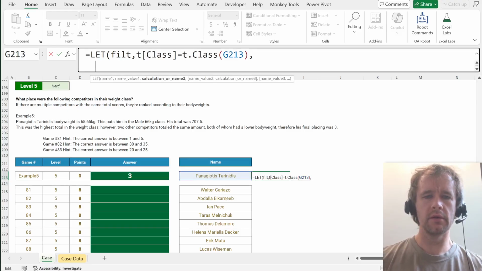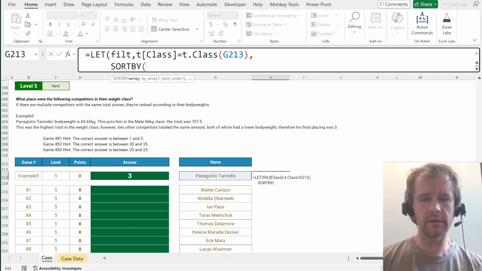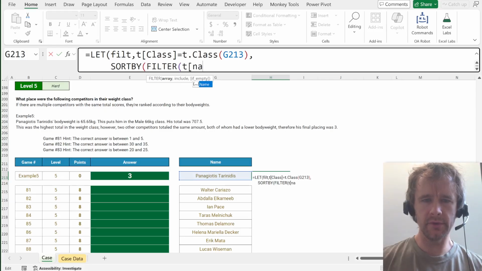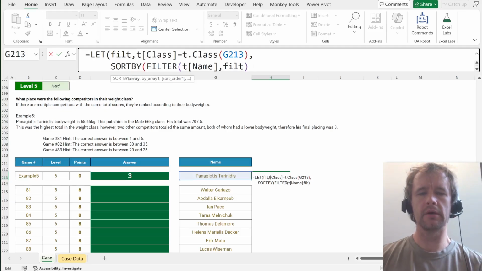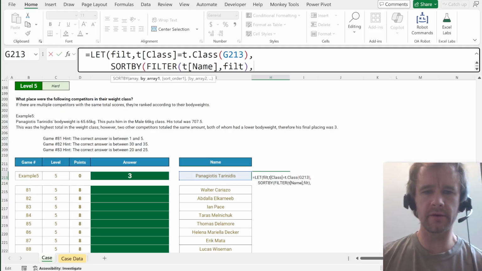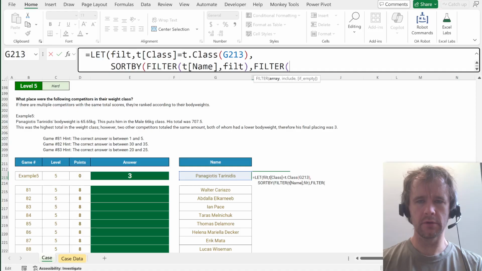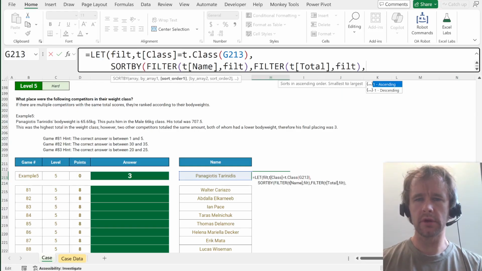Then I want to sort by filter t name by filter. And I want to sort that first by their best score. So that is going to be filter t total by filter. And that is going to be in descending order.